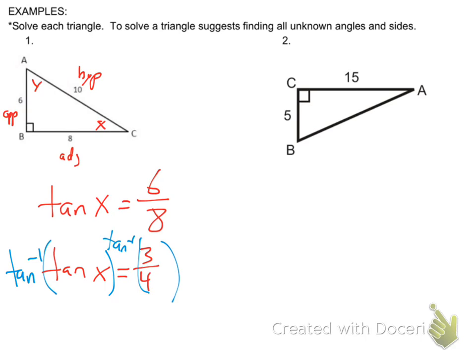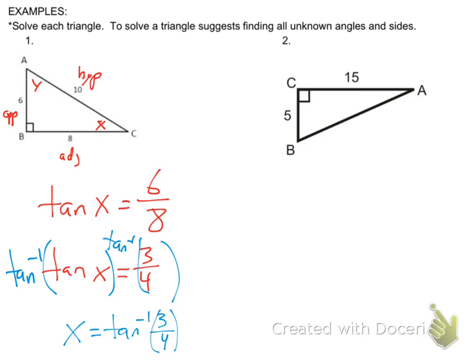And if you remember back, we did the composition of functions, they would undo each other, right? And all you'd be left with is X equals. The X is the input becomes the answer on that left side. And what does it equal? It equals the inverse tangent of 3/4.